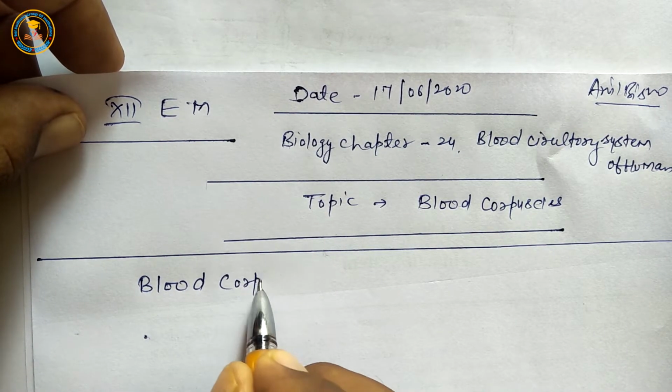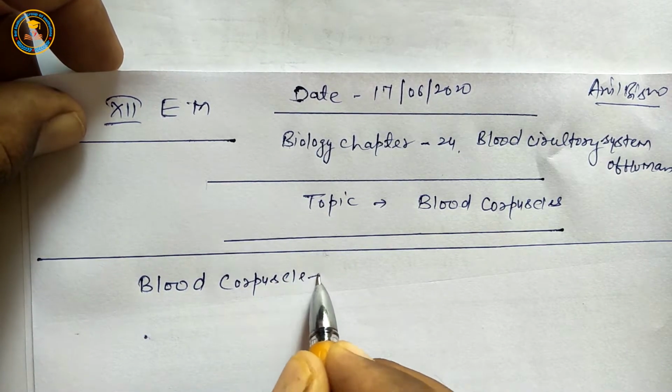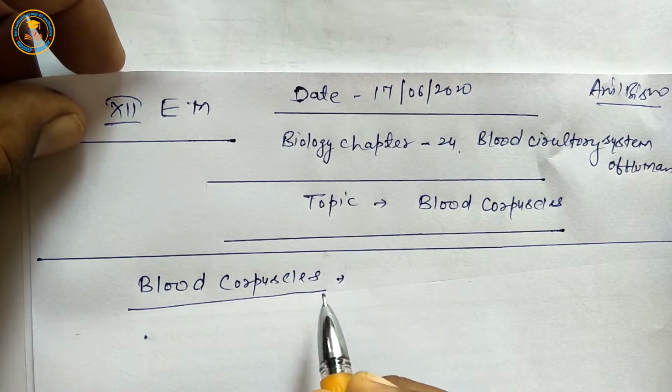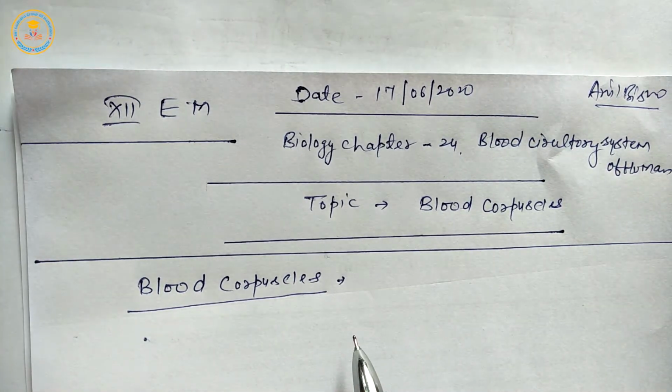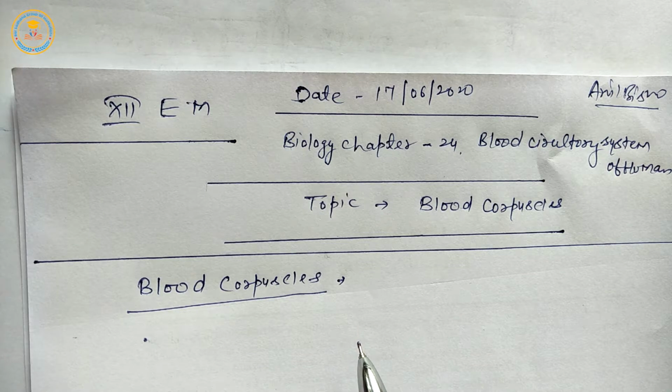So first of all, blood corpuscles. Students, in previous online class we studied composition of blood, mostly two parts of blood. First is plasma, second is blood corpuscles.